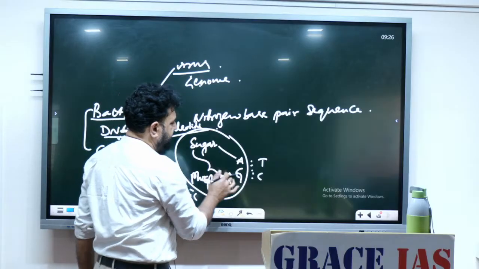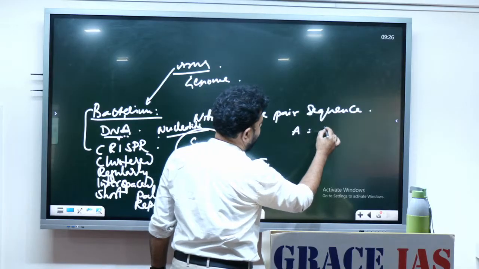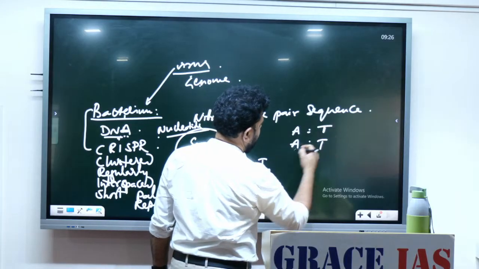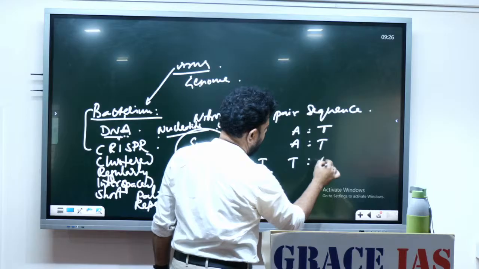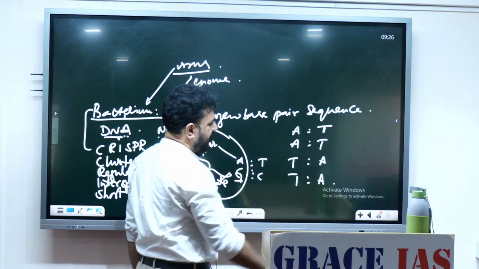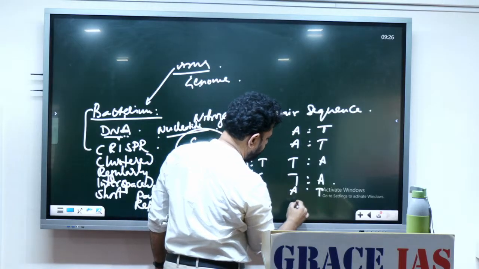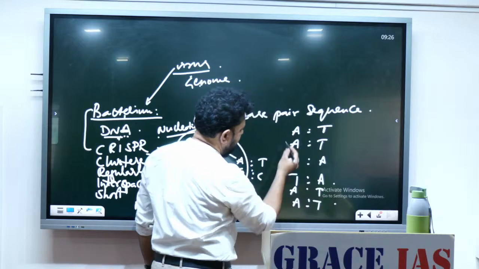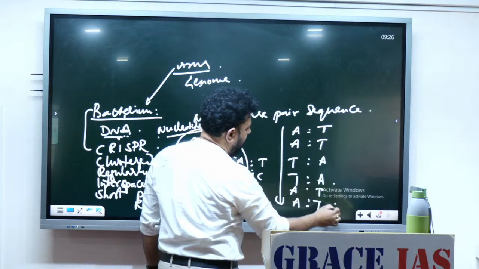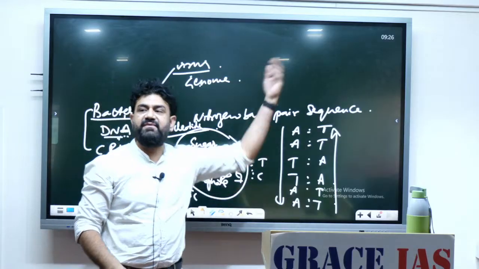And if this nitrogen base pair sequence repeats, for example, AT, AT, TA, TA, if there is a sequence and if it reads in the same way, whether top to bottom or bottom to top, that is a palindromic sequence; in the same way it should read.